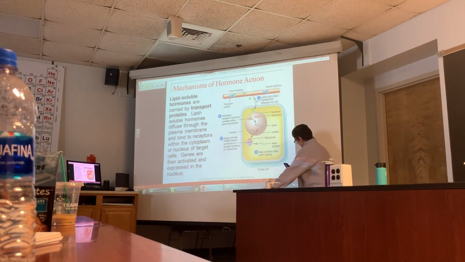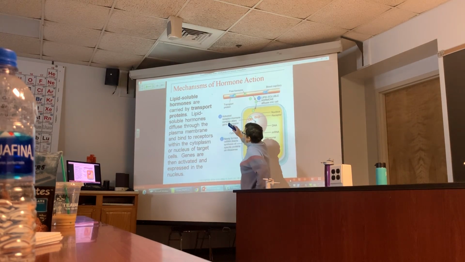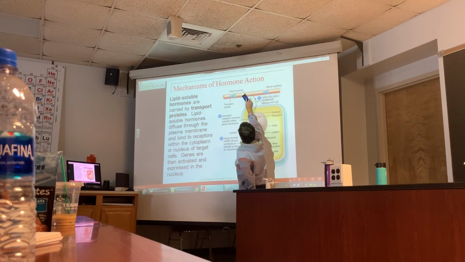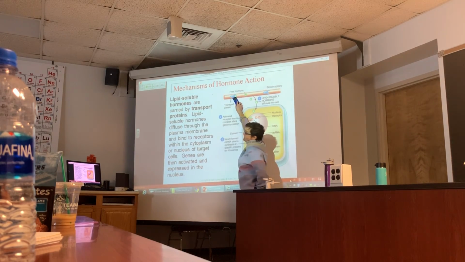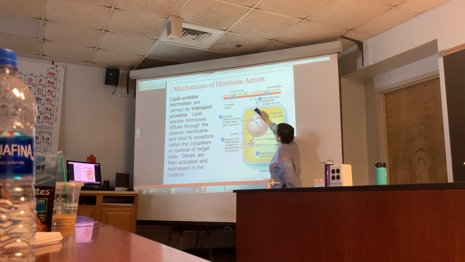So the way lipid-soluble hormones work is, here's the hormone, it gets picked up by a transport protein. The transport protein carries the hormone to the capillary and releases it. The hormone goes to the cell, and instead of binding to a receptor on the cell surface, it diffuses through the phospholipid bilayer into the cell.